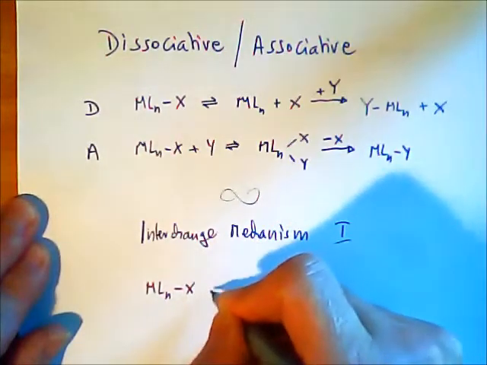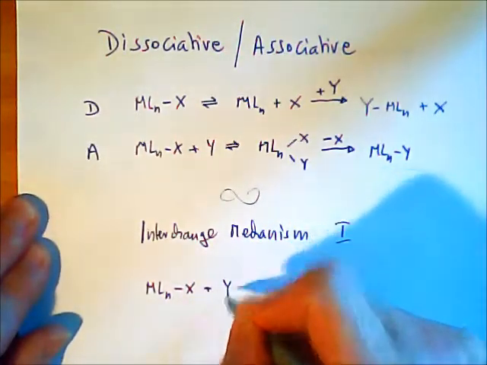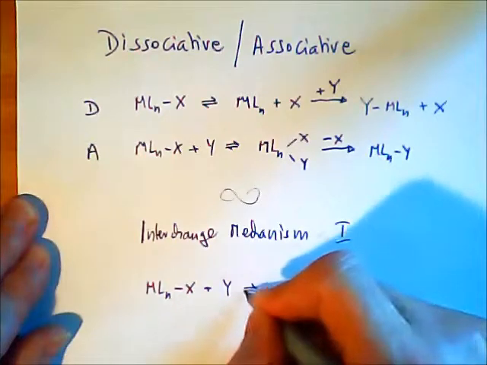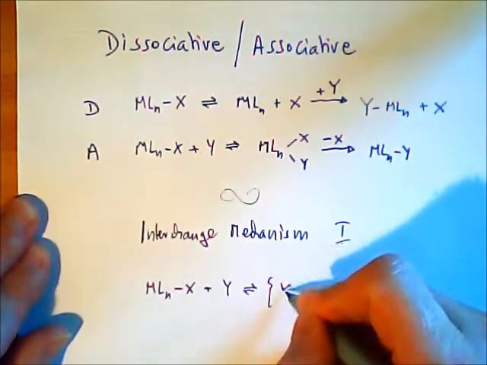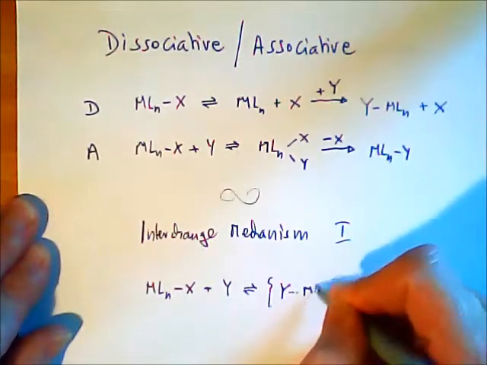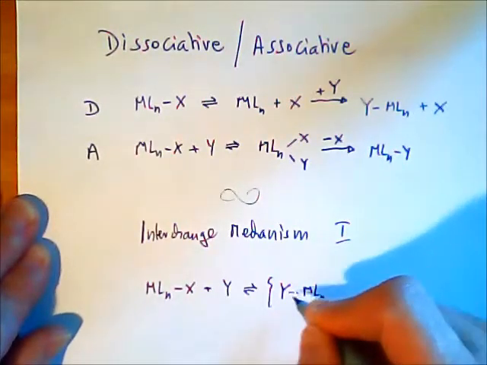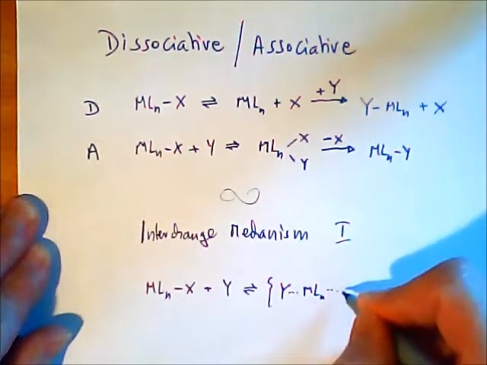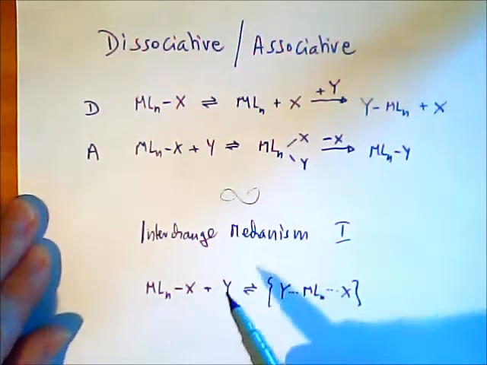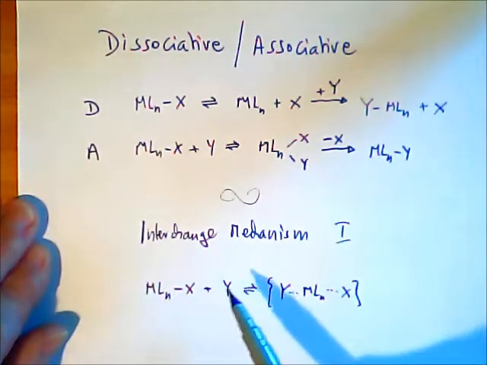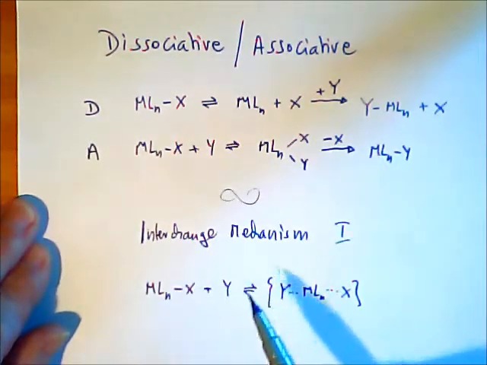We have a compound and another ligand, and they form a kind of association, but it's not like a full YM bond or XY bond. We can think of it like an SN2 reaction in organic chemistry.